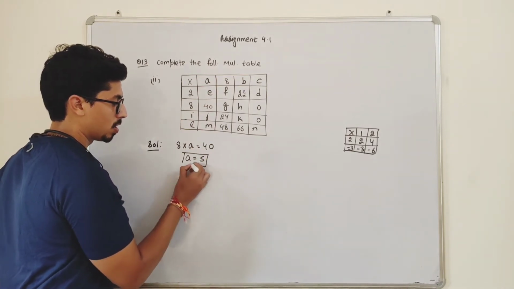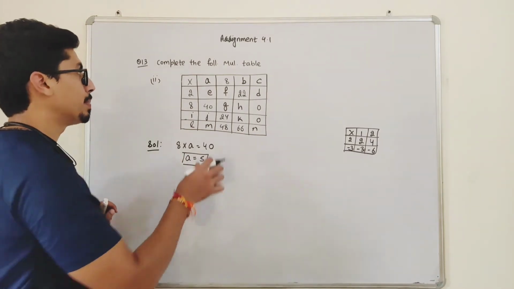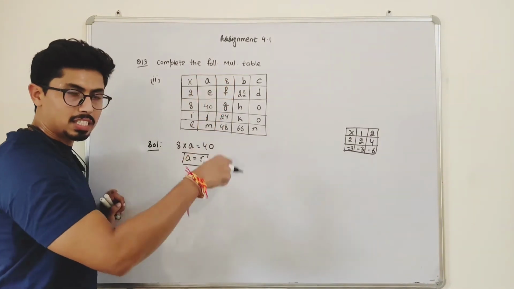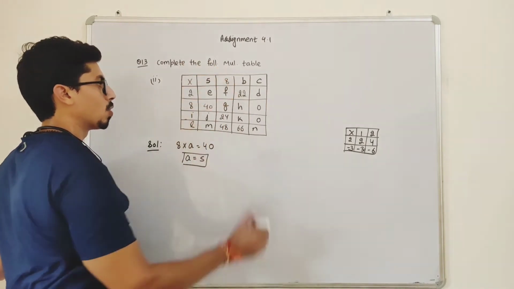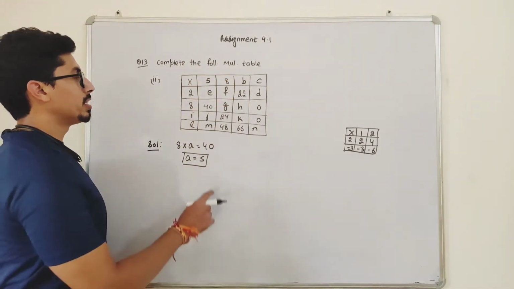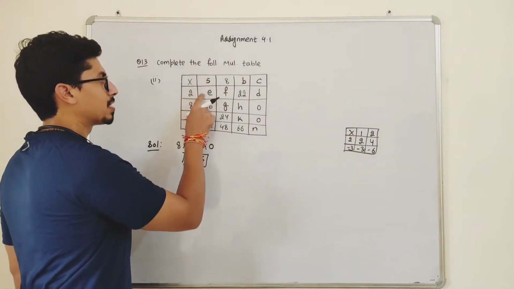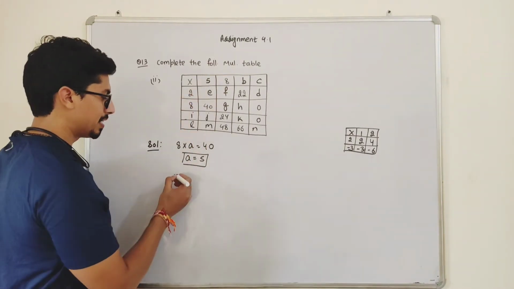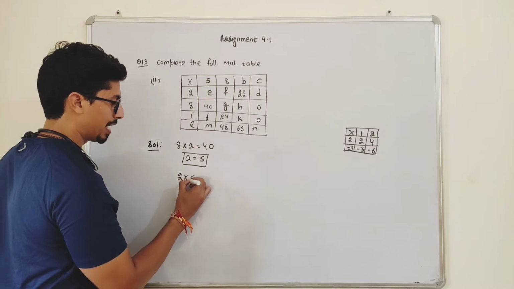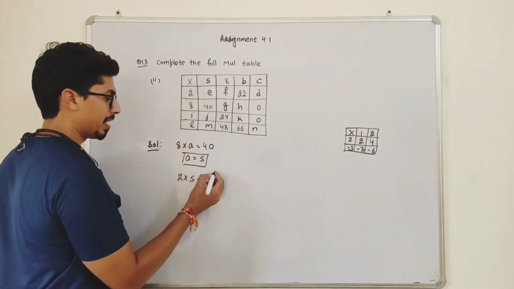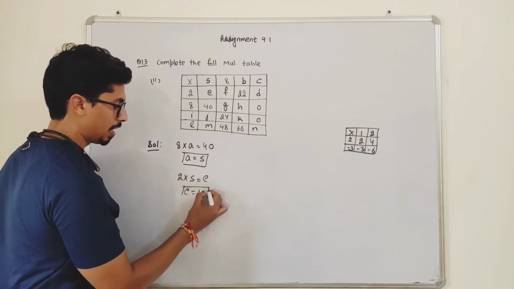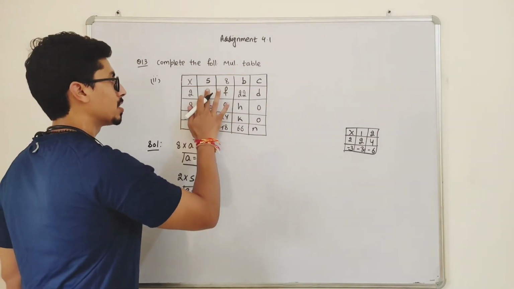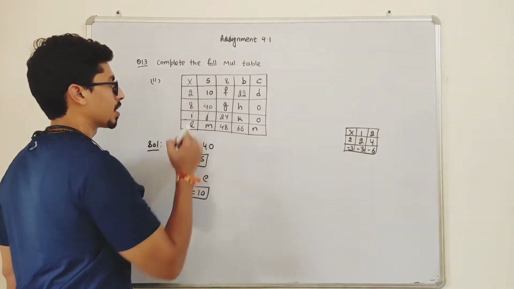In the next table you have to put the value of A as 5. Now, students, 2 into 5 is 10. 2 into 5 is equal to E in the question, so the value of E is 10.